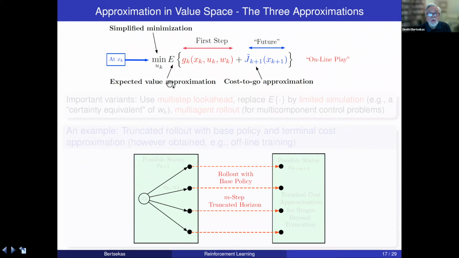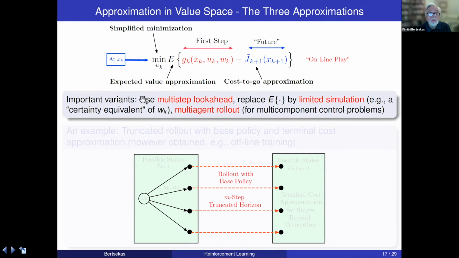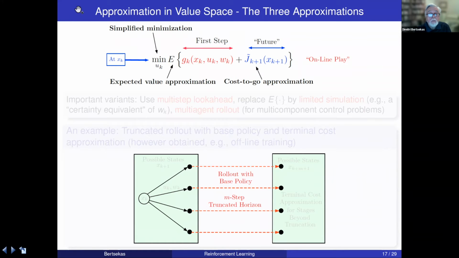You may try to simplify the expected value, which involves considerable computation, and you may try to simplify also the minimization. So there are three approximations involved in this scheme: cost to go approximation, expected value approximation, and some simplification in the minimization.